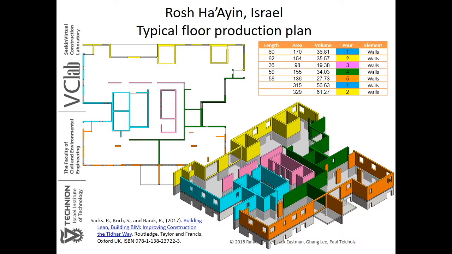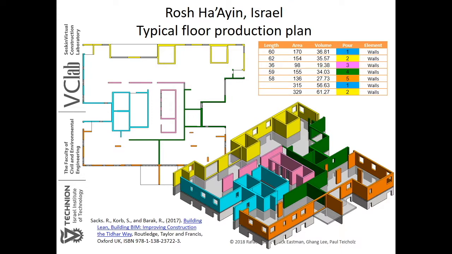This is a project from Israel, where I live, from a new development in Rosh Hashanah, built by the Tidhal construction company. You see on the left a typical floor production plan where it's color-coded according to the different concrete pours that will be done, and then by measuring the length, area, and volume of concrete, area of formwork, volume of concrete in each section, the pours themselves are defined in cyclical fashion.